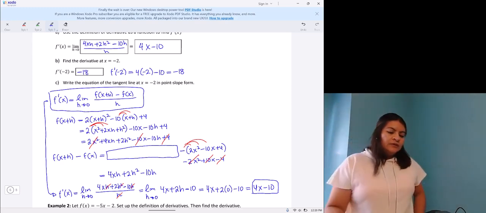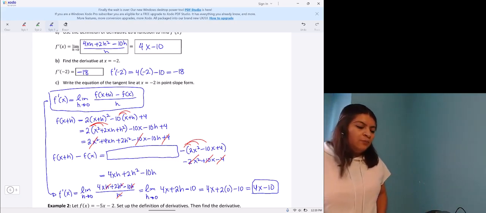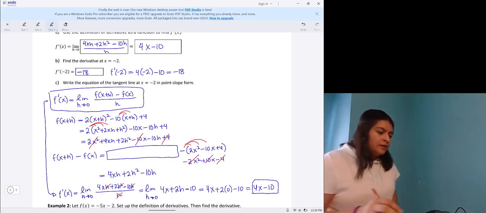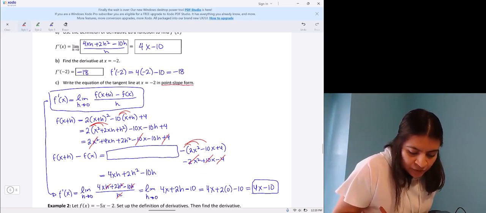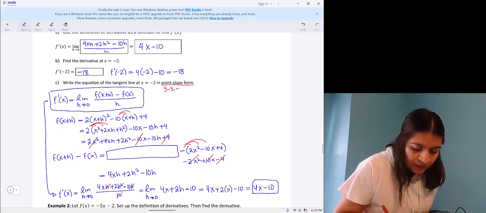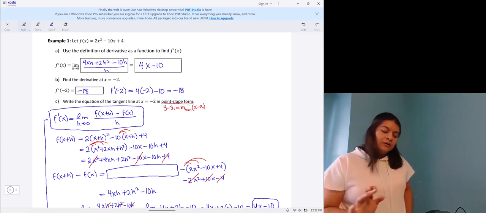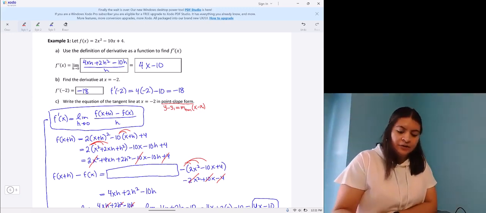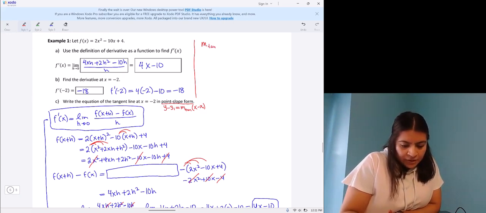Write the equation of the tangent line at x equals negative 2 in point-slope form. Well, that is good because point-slope form is just y minus y1 equals m times x minus x1. And we almost have everything that we need for that one. So I'm just going to do it over here. The slope of the tangent line at x equals negative 2, that is f prime of negative 2.